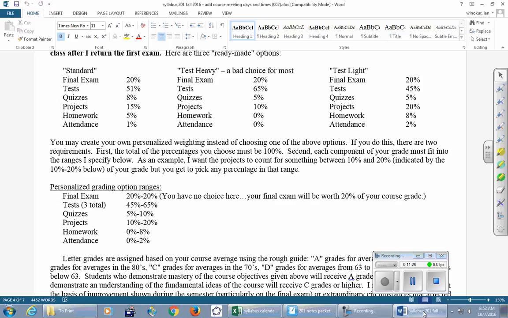Instead of just the one way for me to grade, I want you to tell me how you want me to grade you. I had 3 different options here. My standard one weights the final exam 20%, all 3 tests worth 51% altogether, and all the way down with all the different things. I had a test heavy, I had a test light, and then if you don't like any of those 3 pre-made options, you can pick something as long as you're in the right ranges.